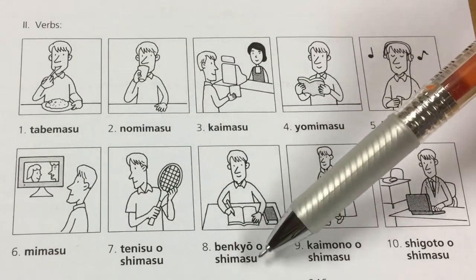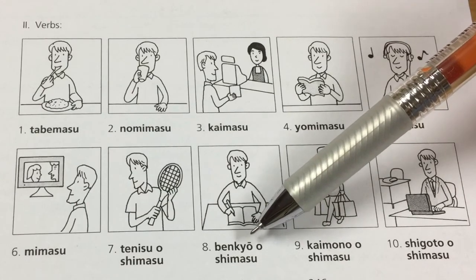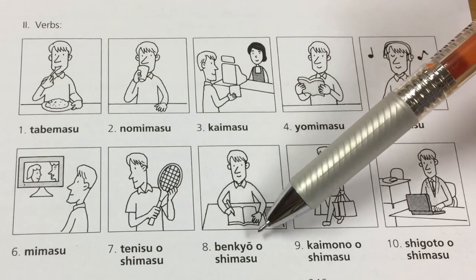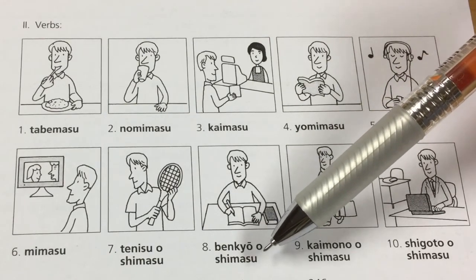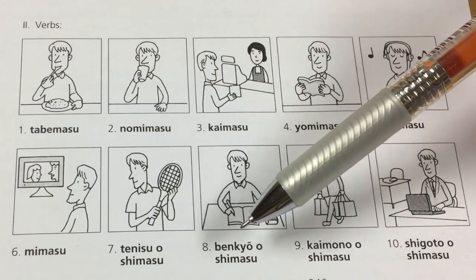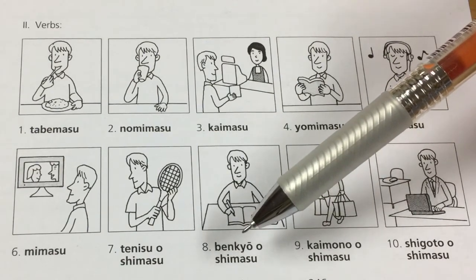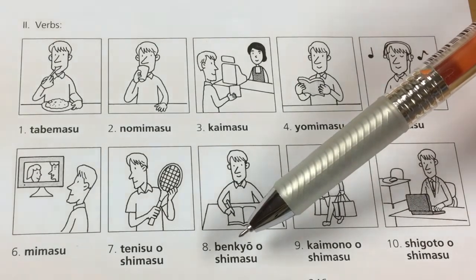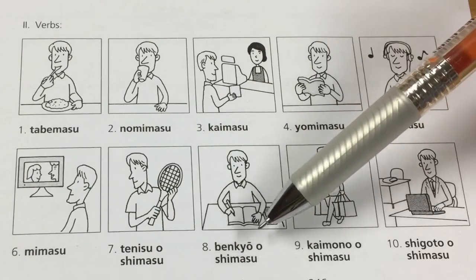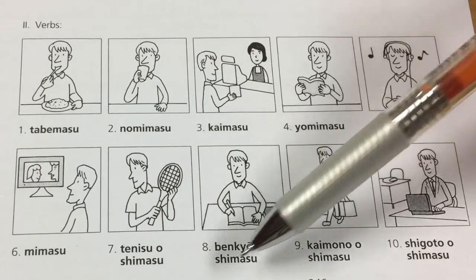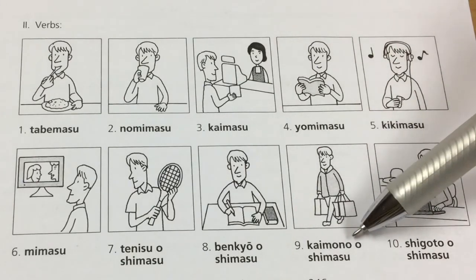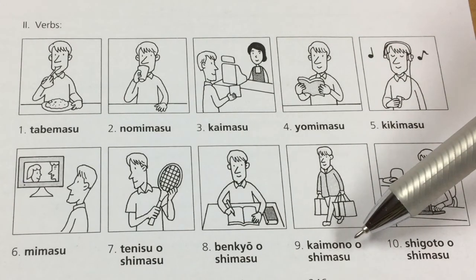Benkyou o shimasu. Benkyou means studying. So benkyou shimasu means I do the study. For example, at night time you review your lessons, or you review the textbook before the examination. That is also called benkyou shimasu. Kaimono means shopping.